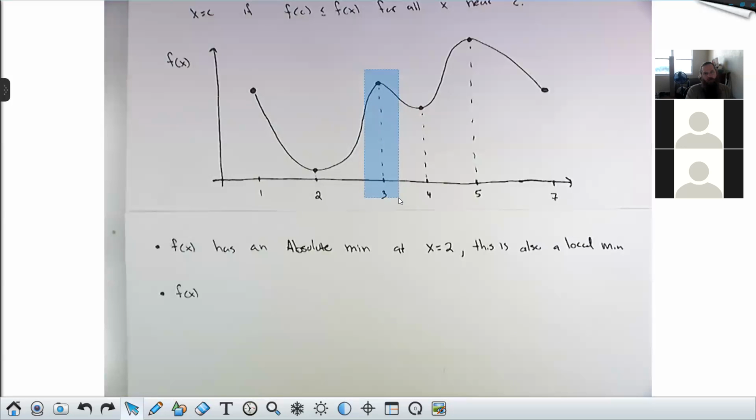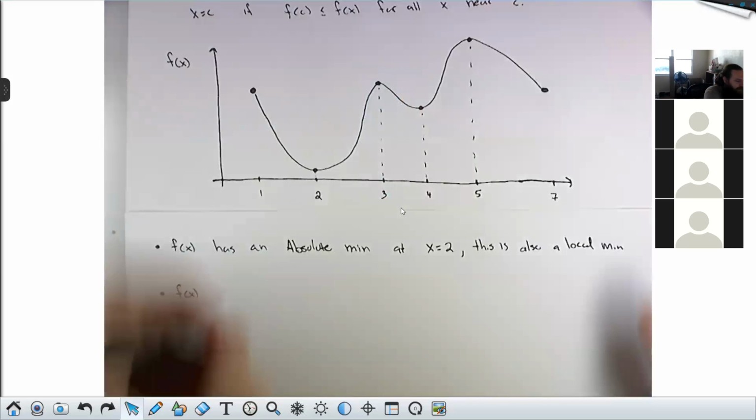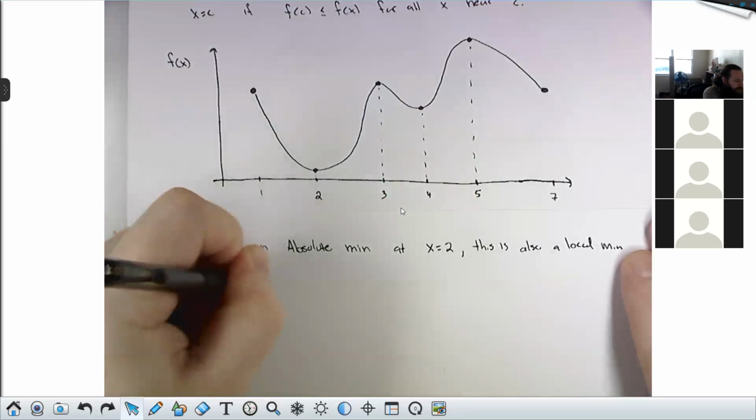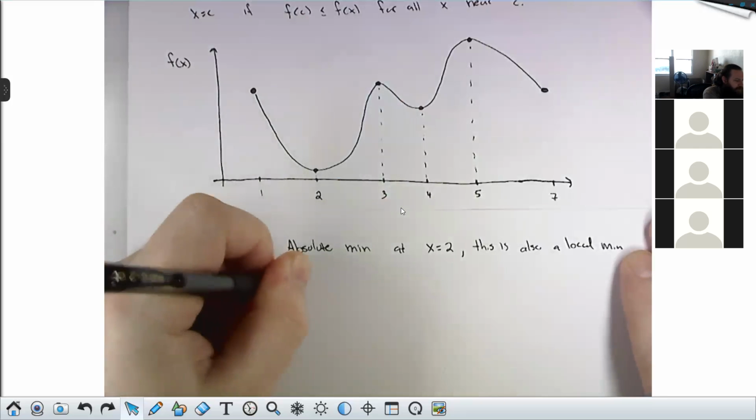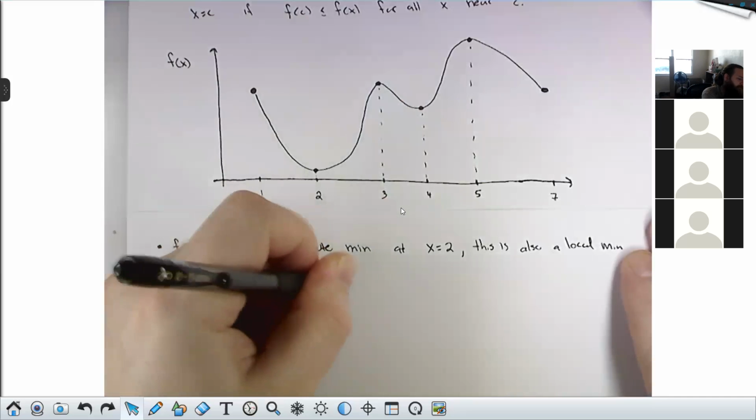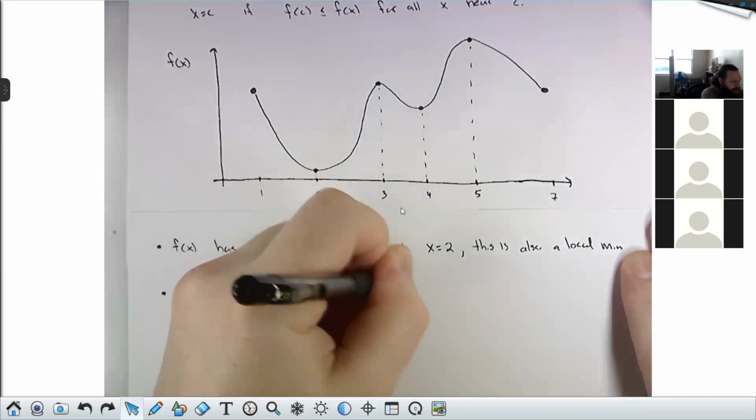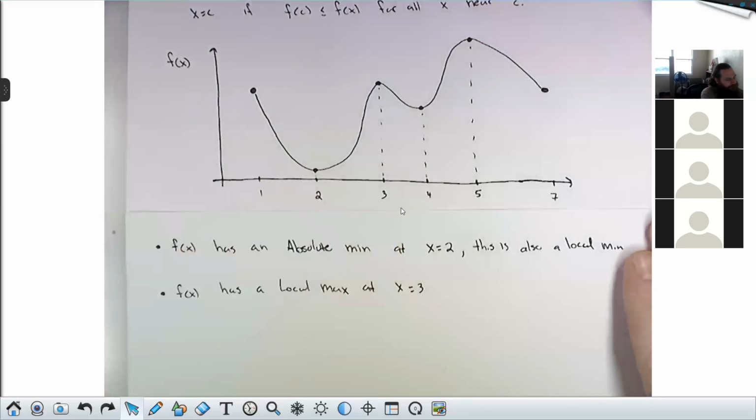But if I look just in this little window, is that the tallest point in this little window? Yes, it is, right? So if I am only considering x's that are close to 3, is this the tallest point there? Yeah, it is. So f of x has a local max at x equals 3.